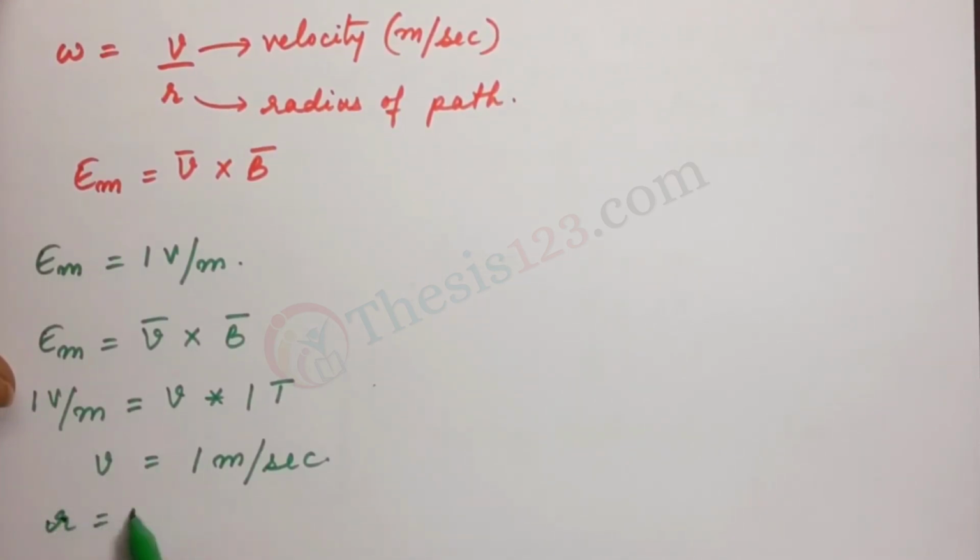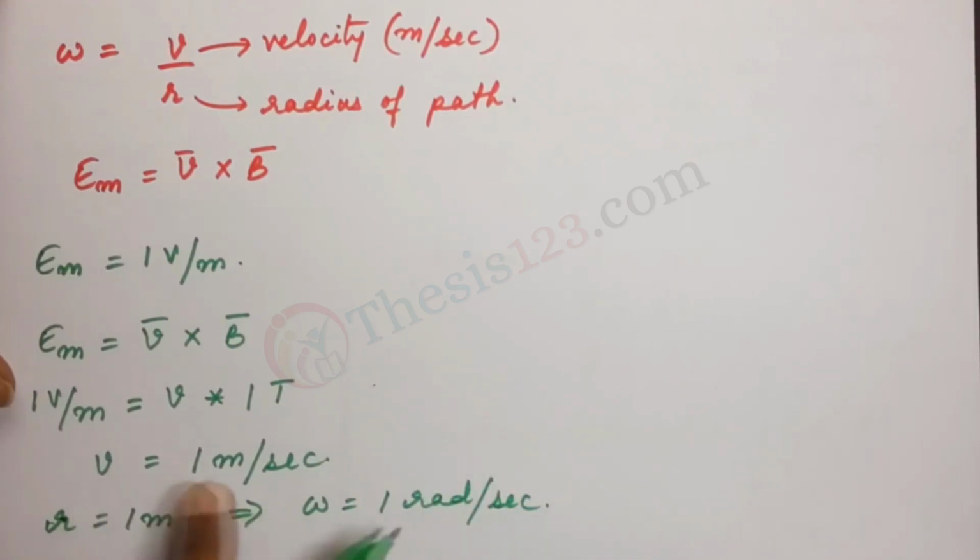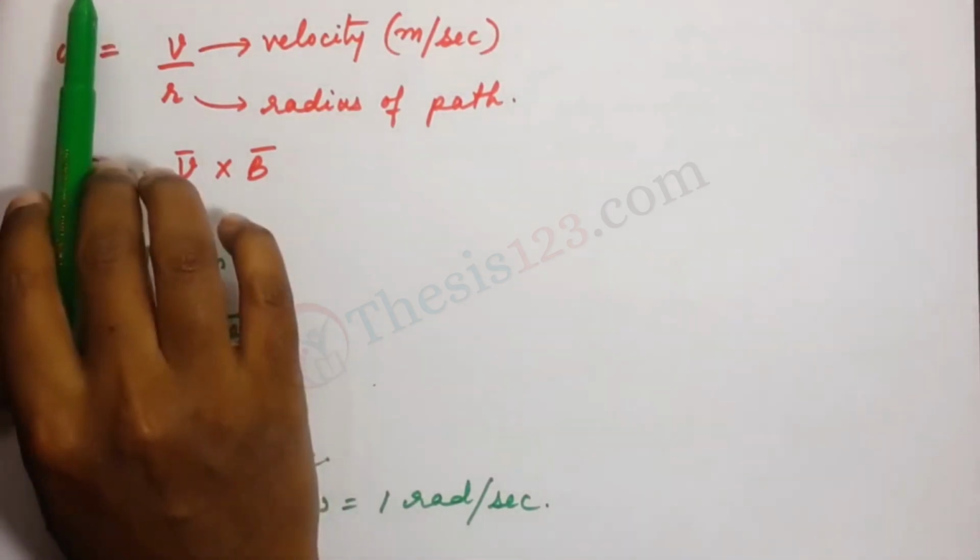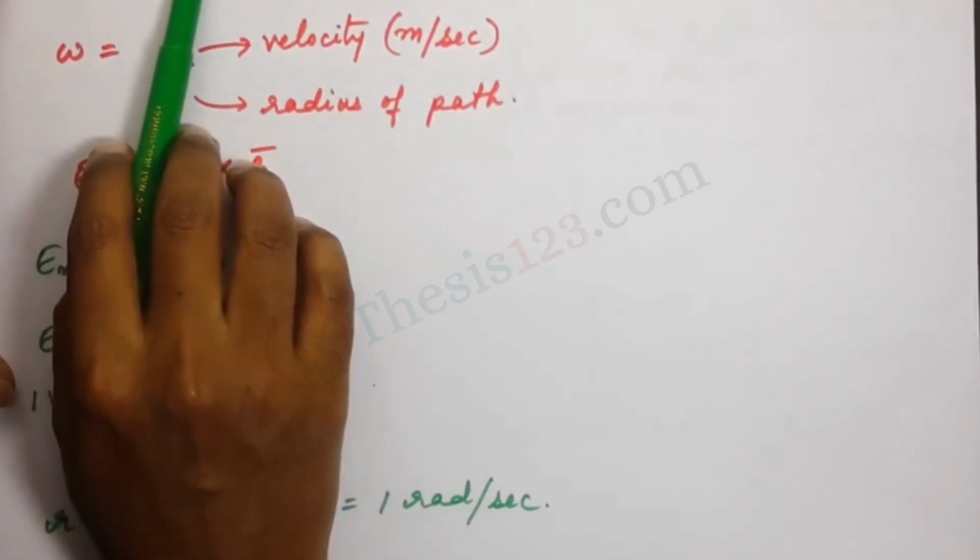So R is equal to 1 meter, V is equal to 1 meter per second. That gives us omega is 1 radian per second. If V is 1 meter per second and radius is 1 meter, that gives us an omega of 1 radian per second. So we have omega, V, R. Now let's see if we can substitute here. Oh, we just need omega here.